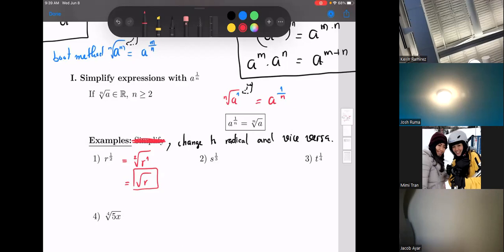What about number 2? What do you think? Which one on the top? Which one on the bottom?